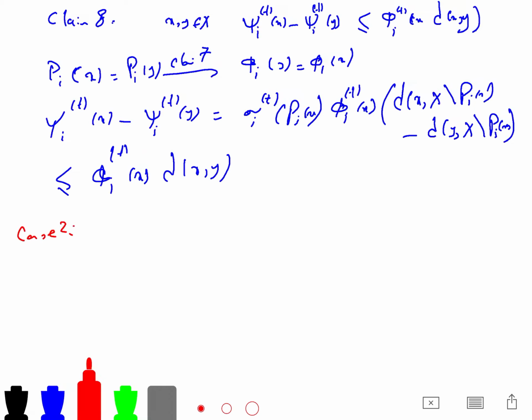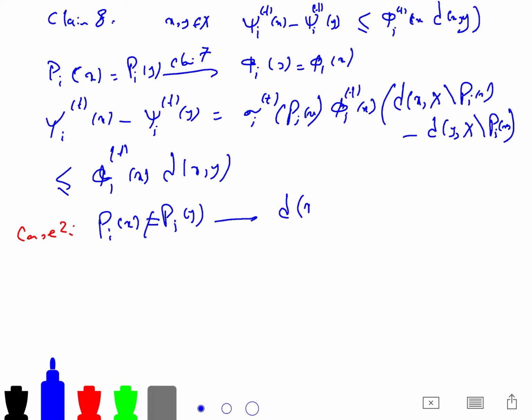But case 2 is that they are in different clusters. So pi of x is not pi of y. X and y are in two different clusters. So in this way, it is easy to see that the distance between x and X excluding pi of x is less than d of x and y.